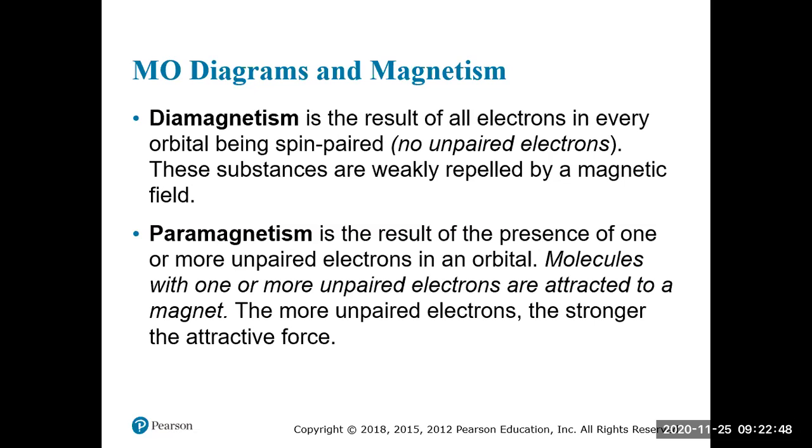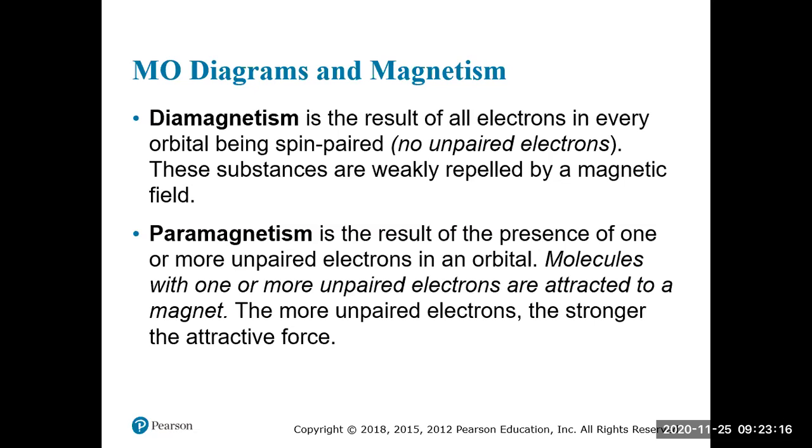These molecules that have unpaired electrons are attracted to a magnet, and the more unpaired electrons you have, the stronger the attractive force. This magnetism with the paired and unpaired electrons is used in a technique called nuclear magnetic resonance, NMR.